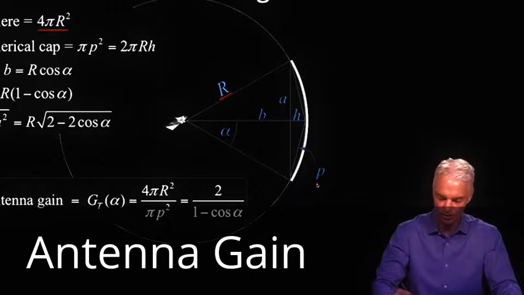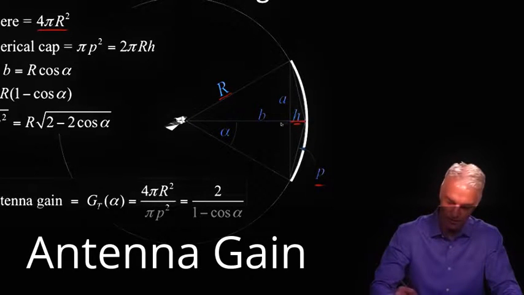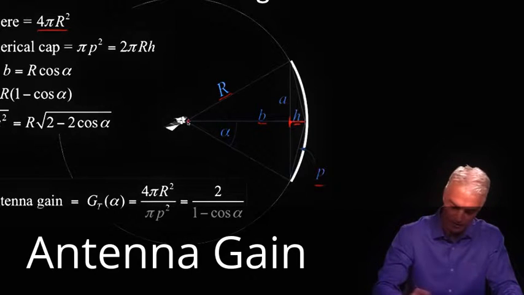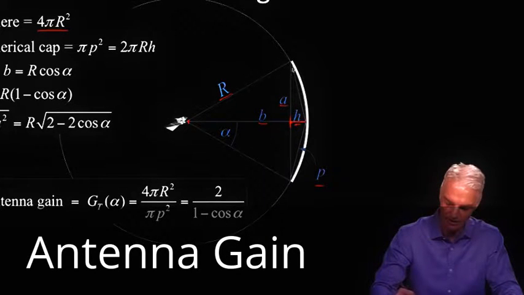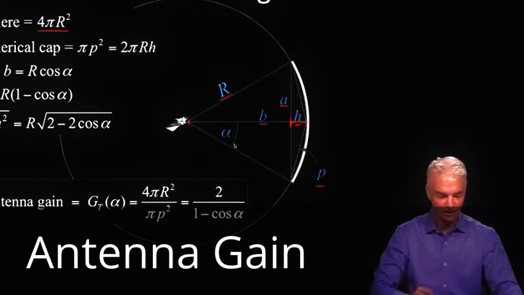Let's just go through what we have here. We have this distance p, which is the slant distance from the middle here to the edge of that cap. H is that distance there. B is this distance here between that line and the satellite. A is the vertical distance there, and alpha is that angle.